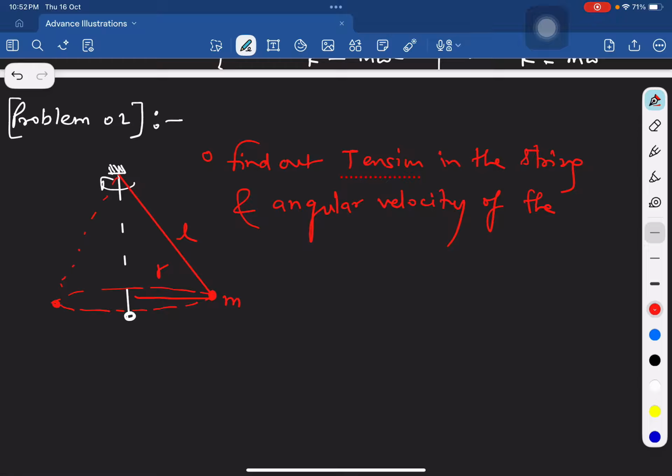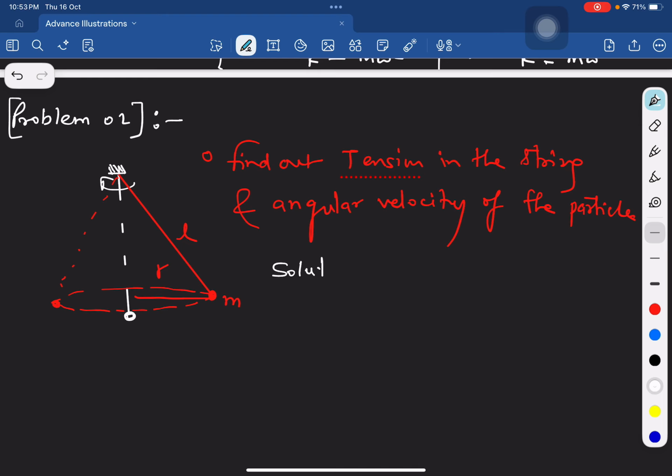Very simple question. We have to just use Newton's second law and we can deal with this problem very easily. If you want to try, you can try, otherwise I'm going to do the solution. See the solution of this part.